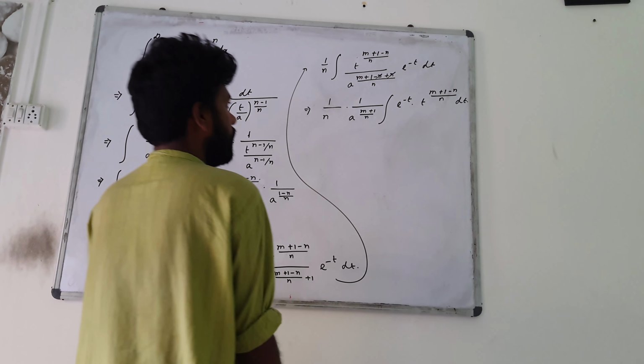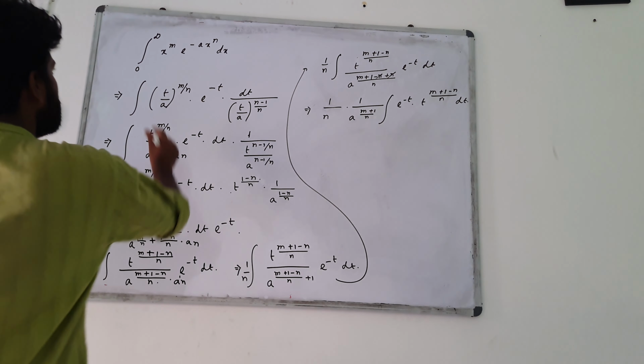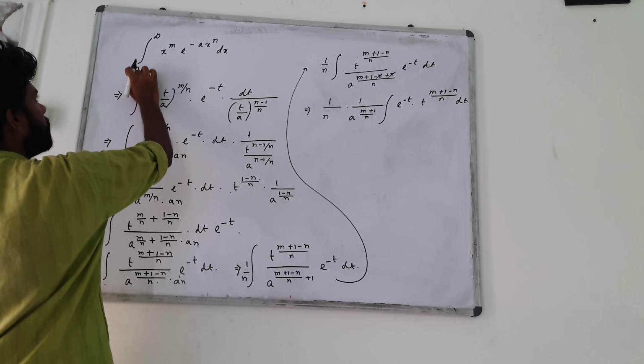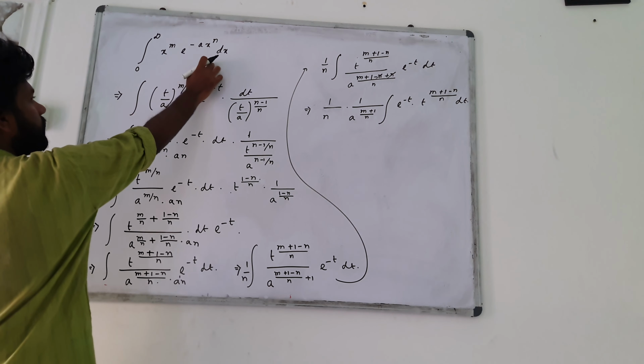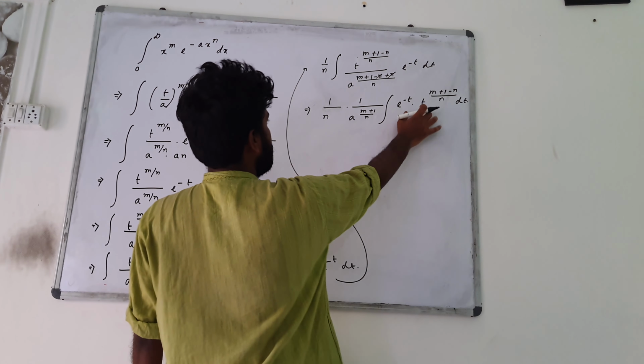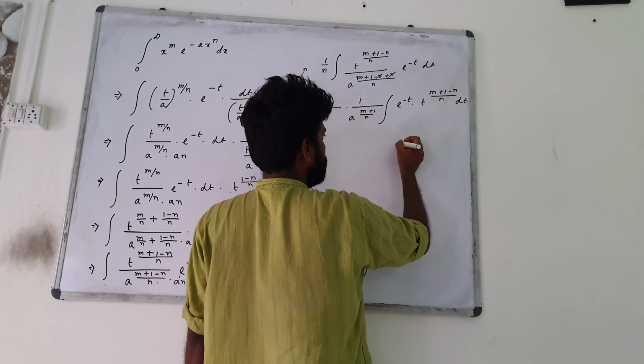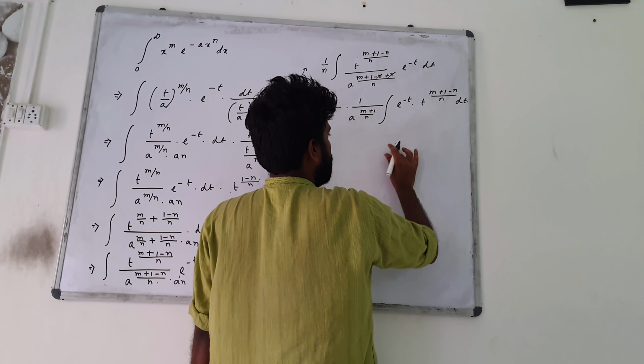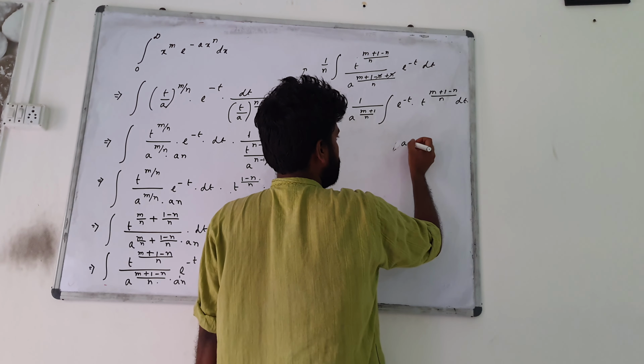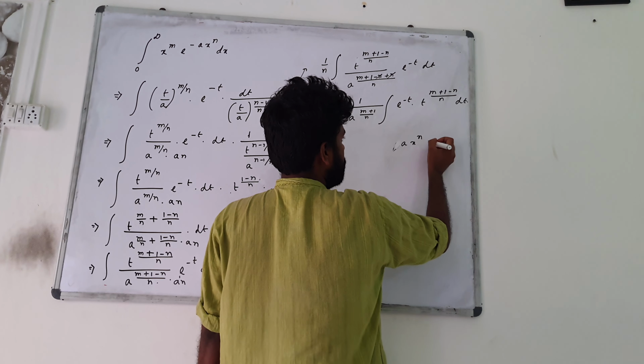Okay, now what is the limit? It is the limit of x, right? 0 to infinity is the limit of x, and what is the limit of t? There is x to the power n equals t.